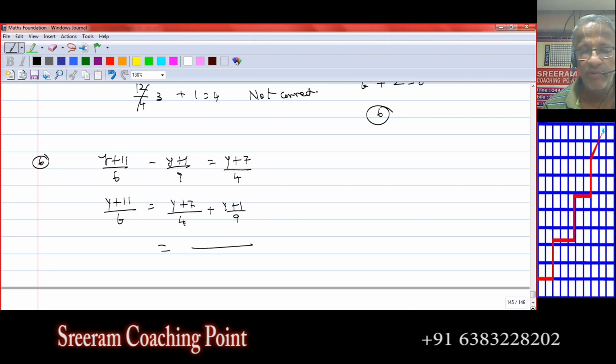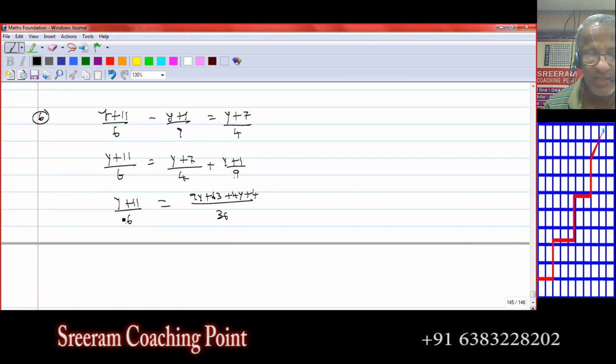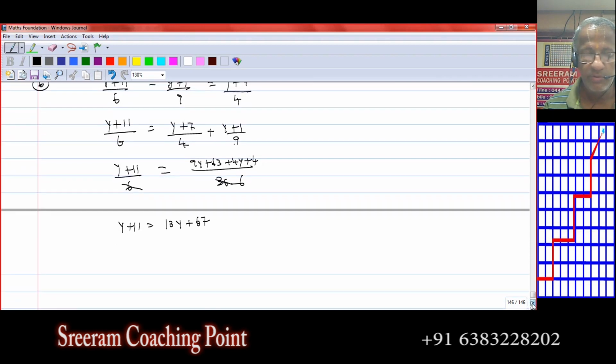So LCM between 4 and 9 is 36. So 9y plus 63 plus 4y plus 4. Here it is (y + 11)/6. So 6 and 36, I will make this as 6. So y plus 11 equal to 13y plus 67, right?